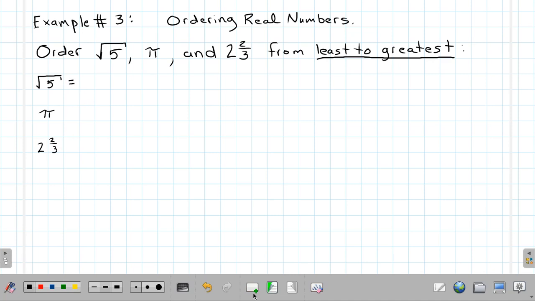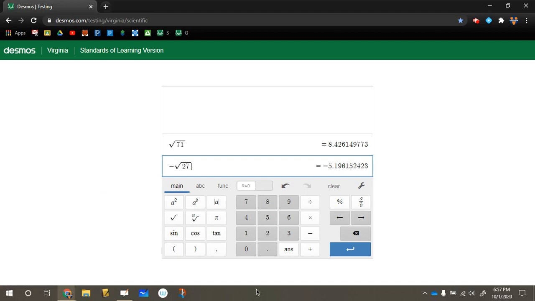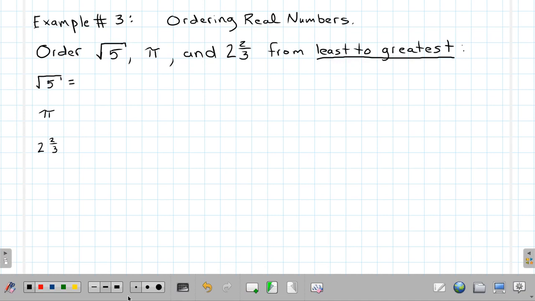So square root of 5, once again, we can use our handy-dandy calculator here. So square root of 5 is going to be 2.236067977. So once again, we take that number and we write it down.